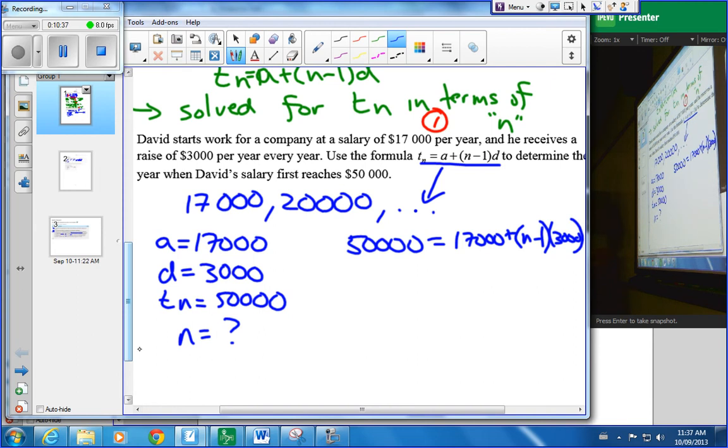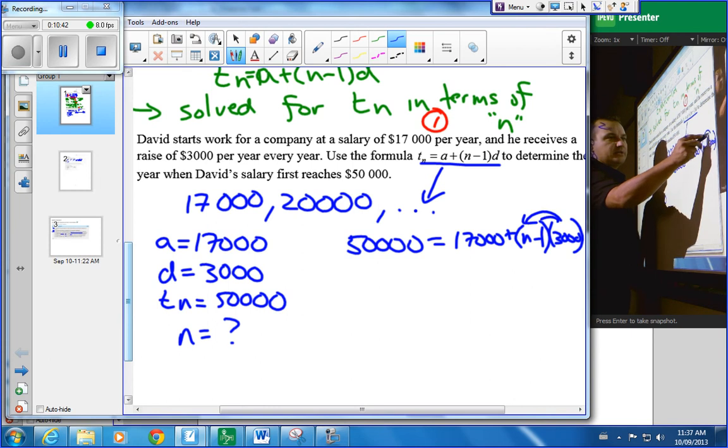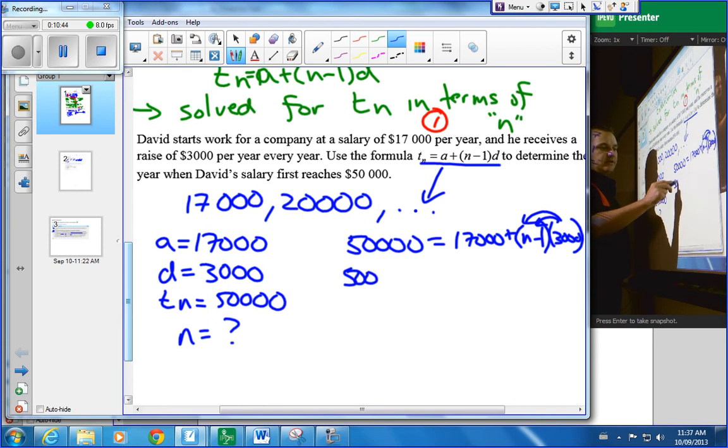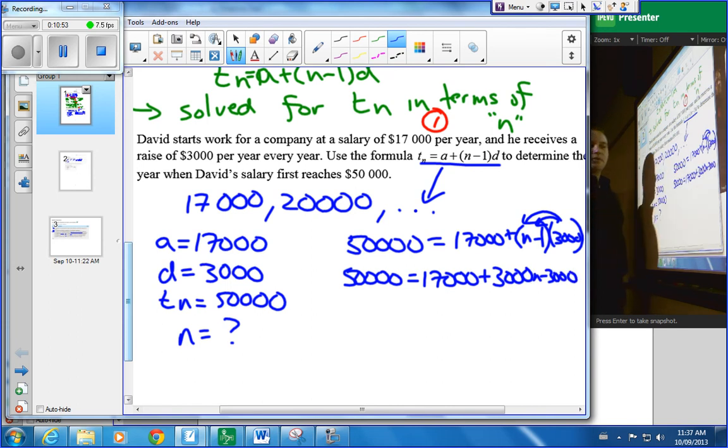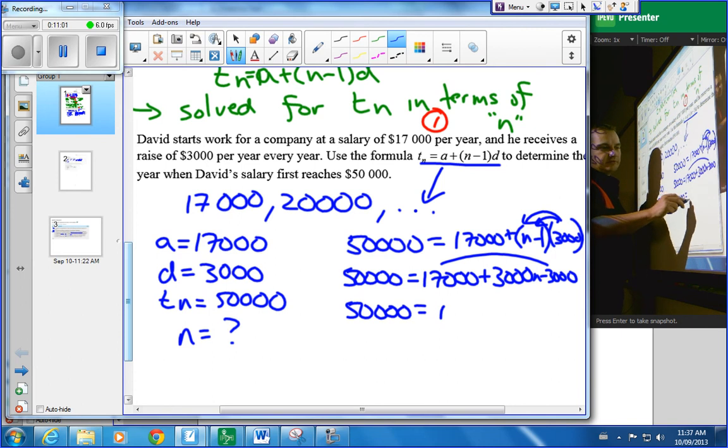Now, hopefully you're all comfortable with these operations that follow because we've done this many times. We distribute this in. So we get 50,000 is equal to 17,000 plus 3,000n minus 3,000. Right, add the two like terms, the 17,000 and the negative 3,000. So we get 50,000 is equal to 14,000 plus 3,000n.